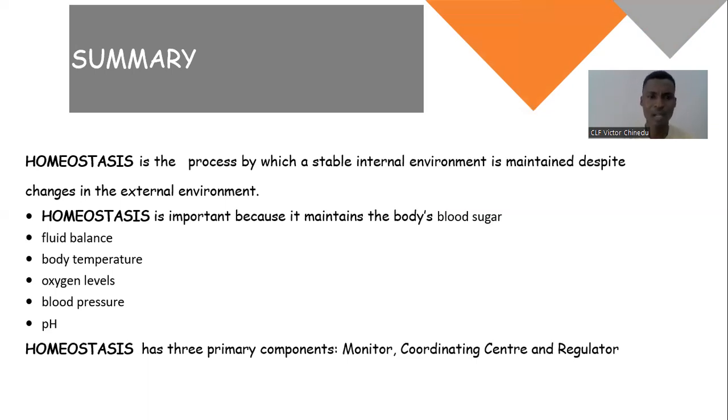Oxygen levels. Now you see that sometimes certain activities cause your body to expend oxygen at a higher level than normal. For example, when you're running around the school stadium, you're expending oxygen, you're expending energy, because you need oxygen to produce energy. So because of that, you notice that you start breathing faster. Why? You are trying to get in more oxygen to compensate for the oxygen that is being burnt to produce energy.